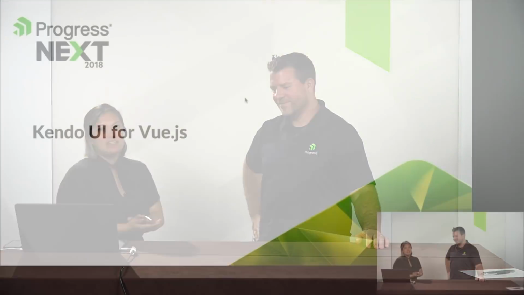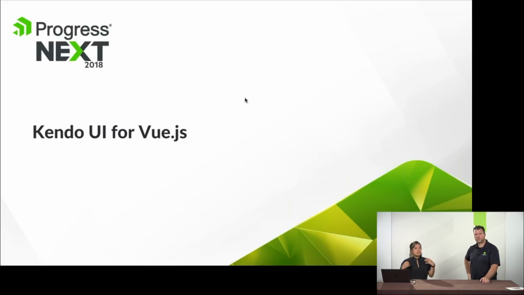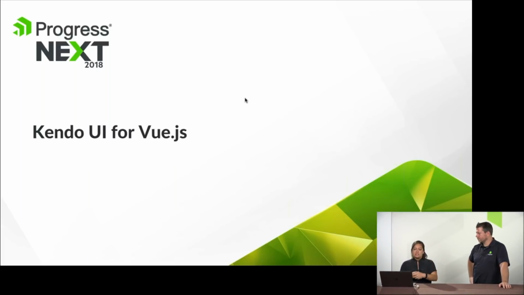Go ahead. Awesome. So moving on, we will quickly talk about Vue. So at the beginning of the year, we decided to create a library for Vue using our wrappers. One thing that I always like to remind people is that our libraries for Angular and for React were built from the ground up, specifically for those frameworks, so that you could work with them seamlessly.